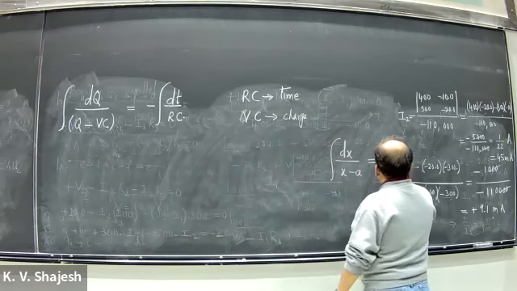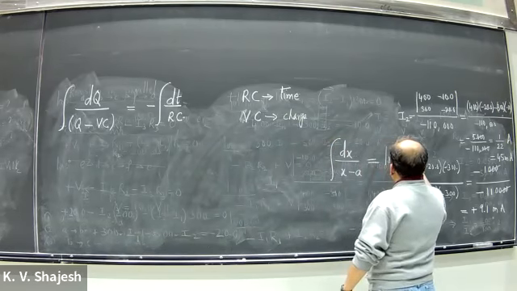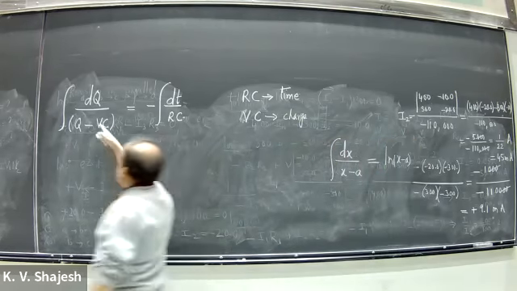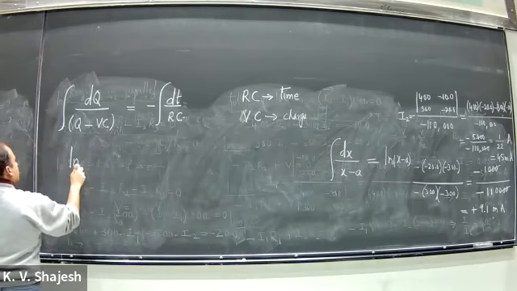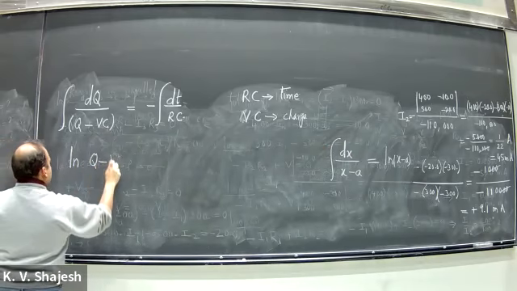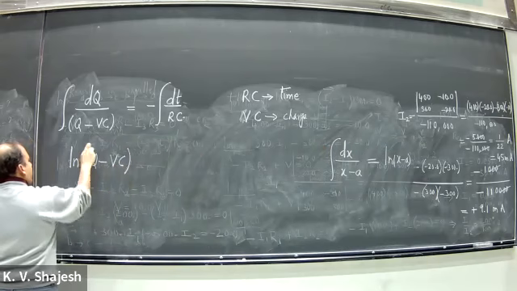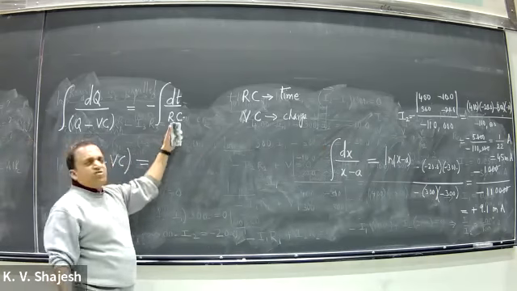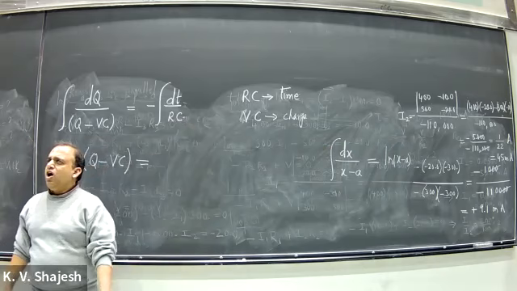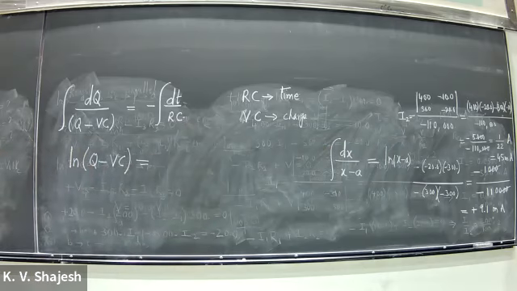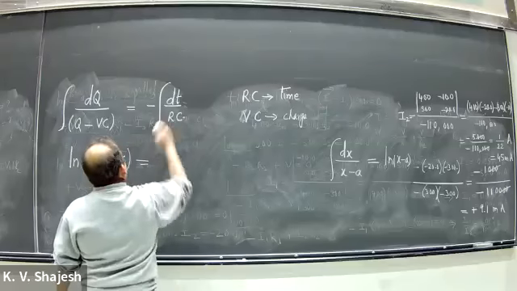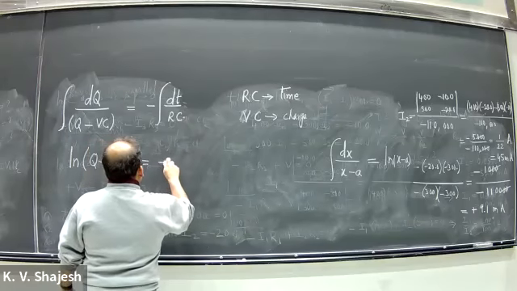So this is log of x minus a. Very good. So this is equal to natural log of q minus VC, and that's equal to, R and C do not depend on time. That's the property of the capacitor and the resistor. So that comes out of the integral, and that's an elementary integral, that's t over RC.